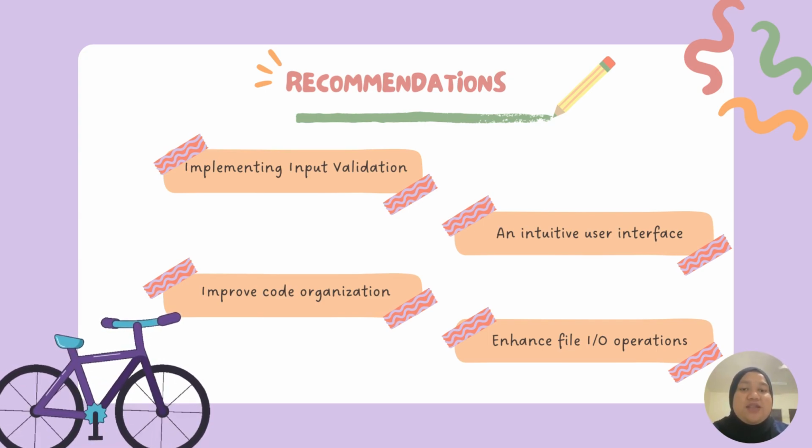And then third, we can improve code organization, which will improve the program's readability and maintainability. Next, we will enhance our file input and output operations, which can prevent unintentional overrides.